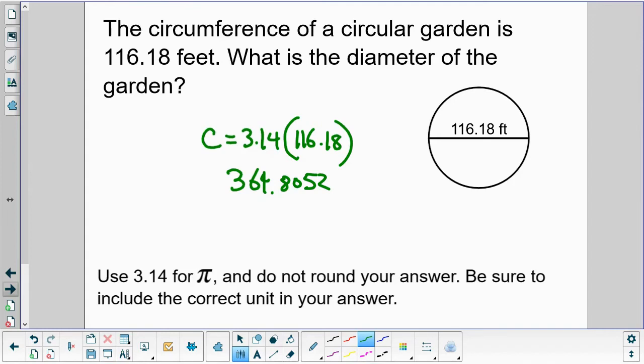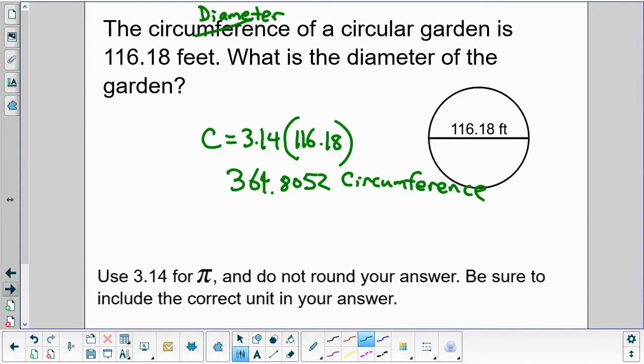But we've actually got 364.8052 feet for our circumference, and the 116.18 you see in the circle was, in fact, the diameter, not the circumference. Okay.